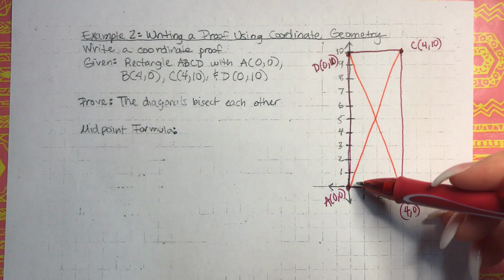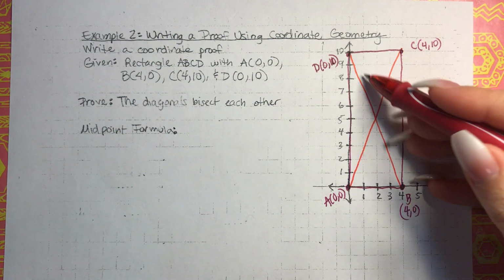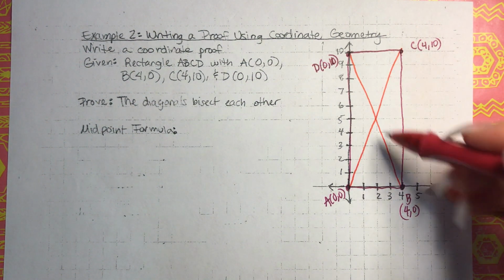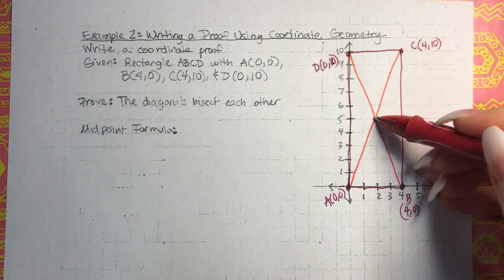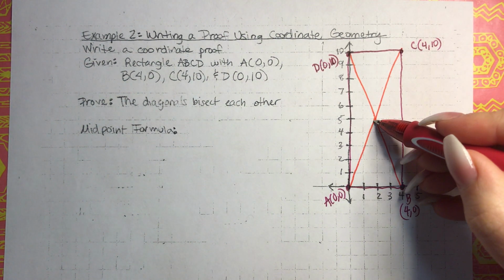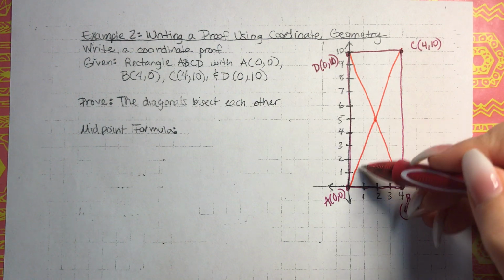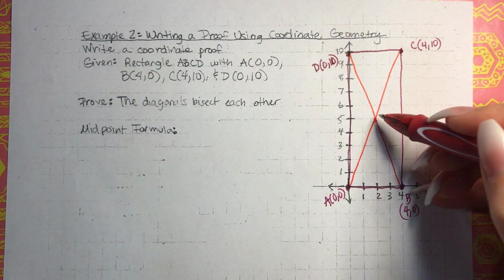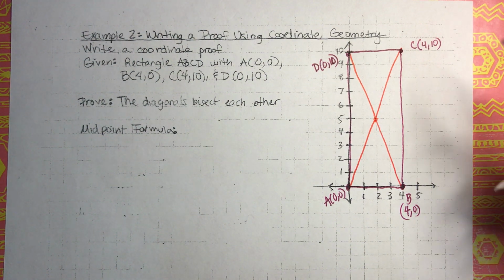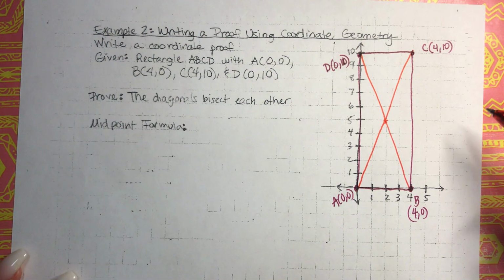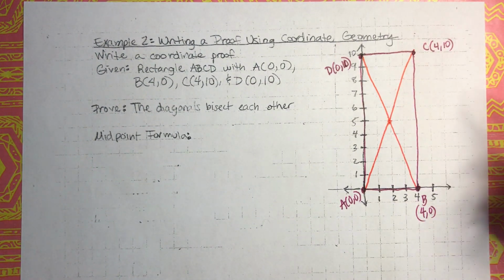So if they bisect each other, the midpoints of both of these lines would be the same. If the midpoint of this line and the midpoint of that line are the same, then you know that they are bisecting each other.